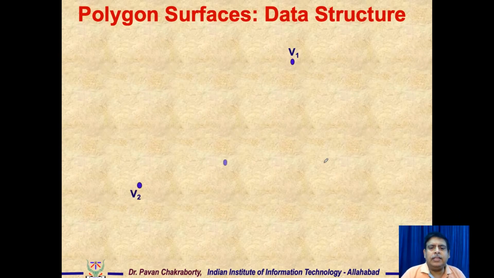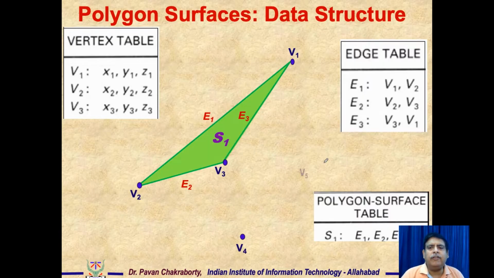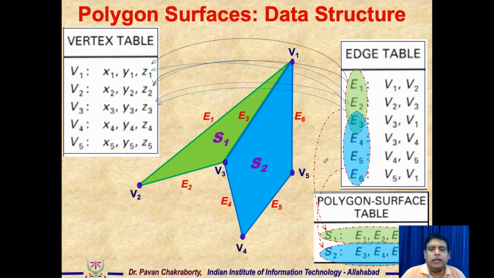In our previous lectures, we had seen how the polygon surface data structure is stored. We have a vertex table, an edge table, and a surface table, and these surface tables form the object table. And we link the vertices to the edges.